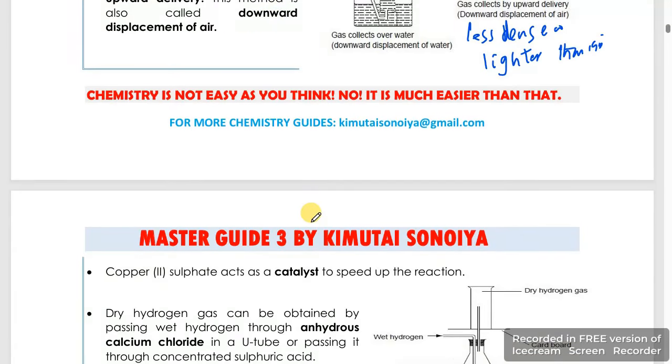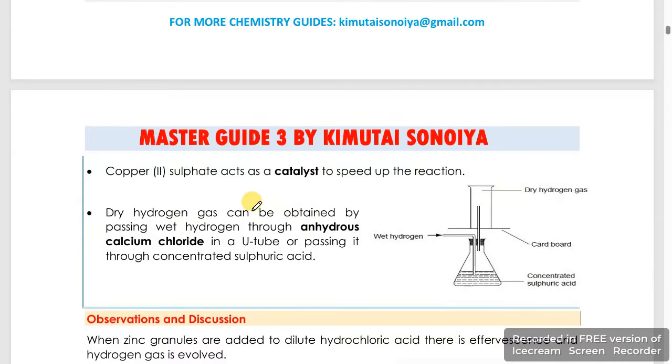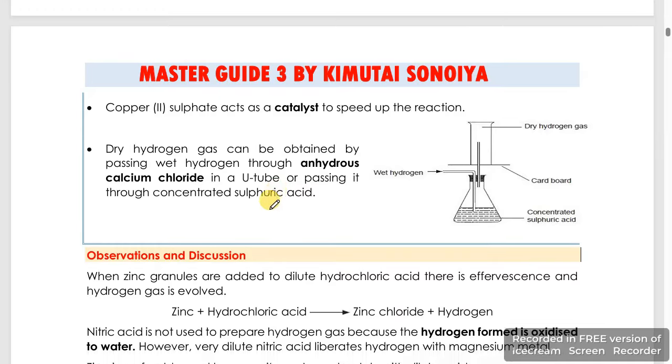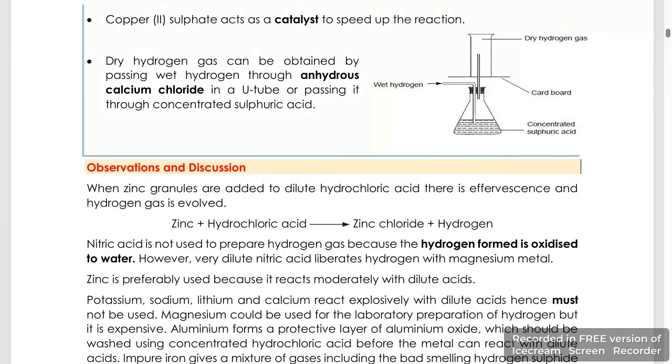Another thing you need to know is how dry hydrogen is prepared. Dry hydrogen is passed through anhydrous calcium chloride. Anhydrous calcium chloride is used as a drying agent, or you can use concentrated sulfuric acid to dry the gas and then collect it by upward delivery. This is important for you to note. Now the next thing is to know how to write the equation.